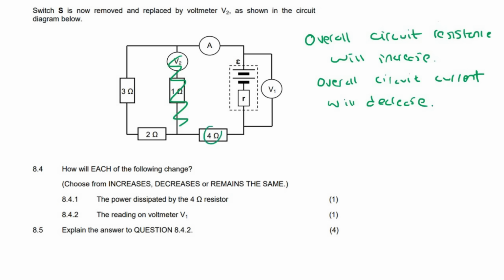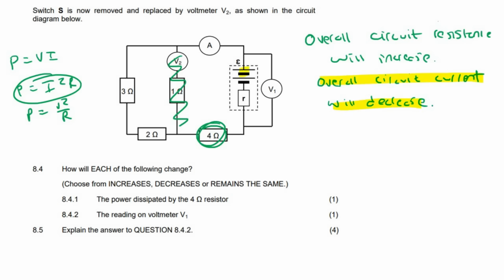So now, if you had to go work out the power over here, you could say P equals, okay, so we've got different power formulas. You've got VI, you've got I squared R, and then you've got V squared over R. Now we know that the R is 4, that doesn't change. And we know that the current is going to become less going through here. Because we said that the overall circuit current, which is the current that flows in the main part of the circuit, or actually now it's all in series, is going to become less.